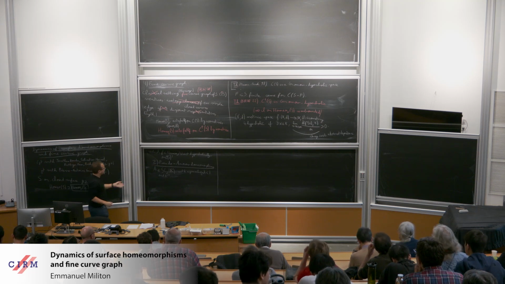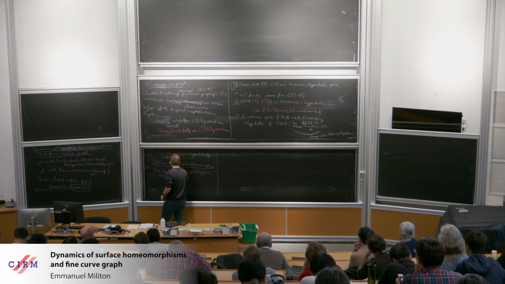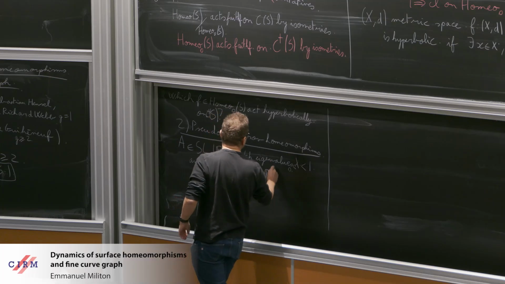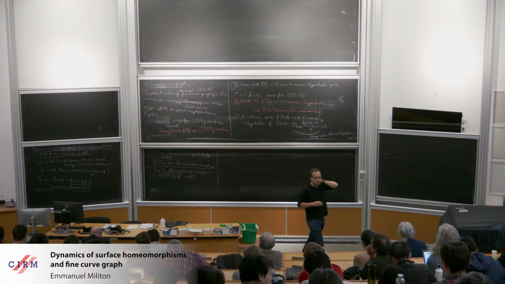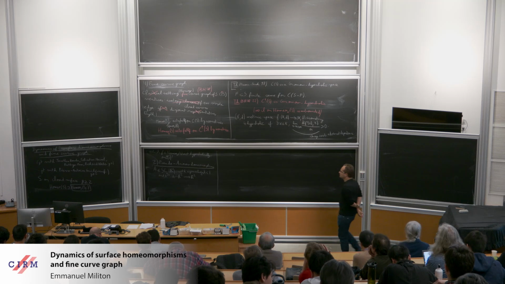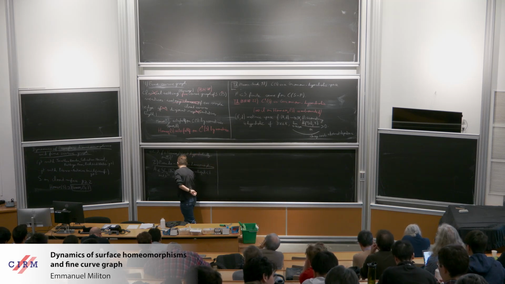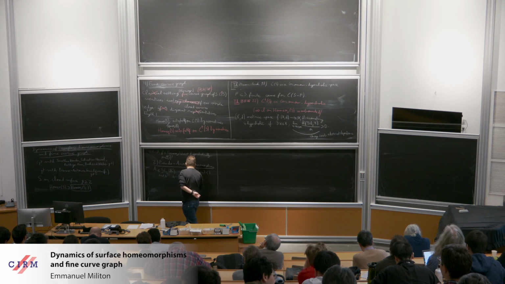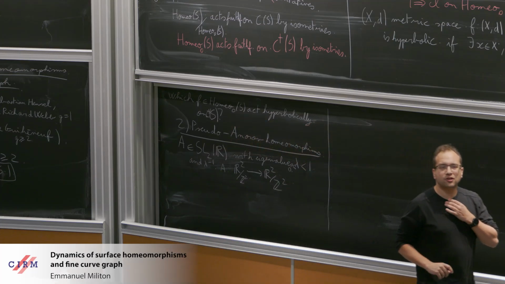Okay. In this case, your matrix acts, of course, on R2 and preserves the integer lattice Z2, so it quotients down to some homeomorphism of the two torus.